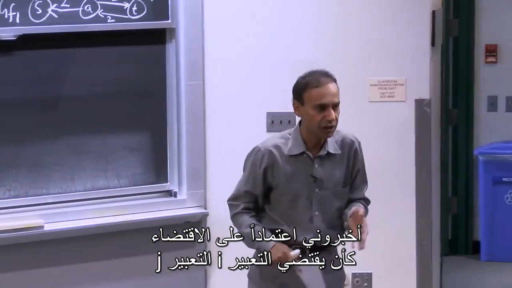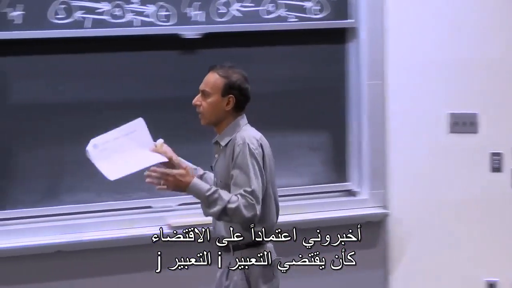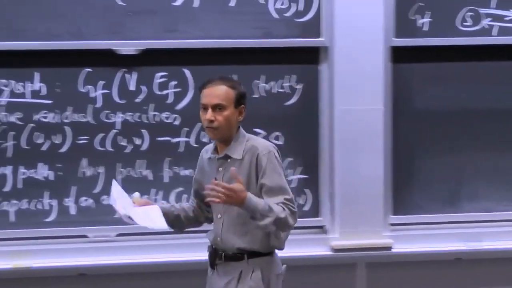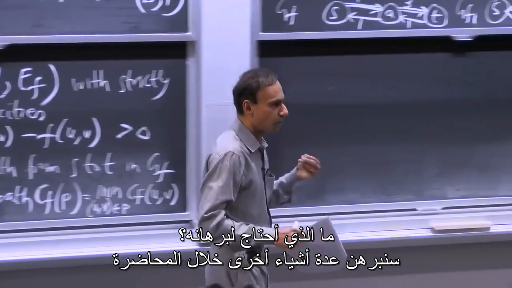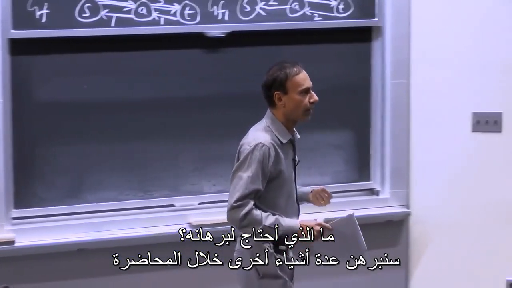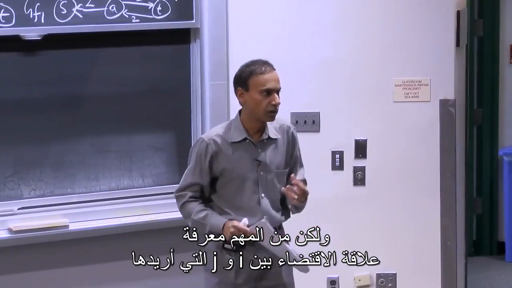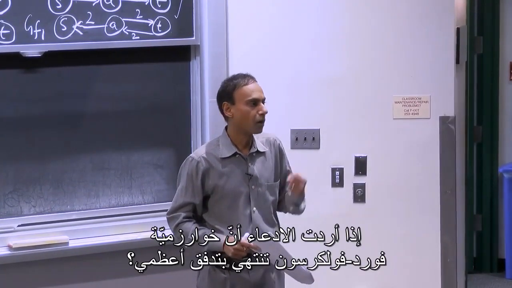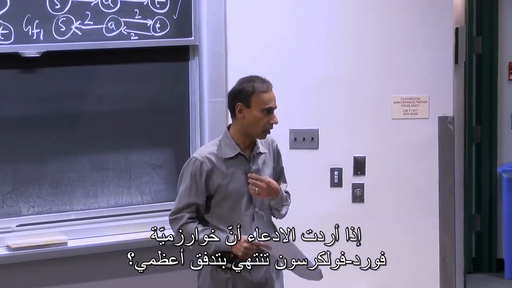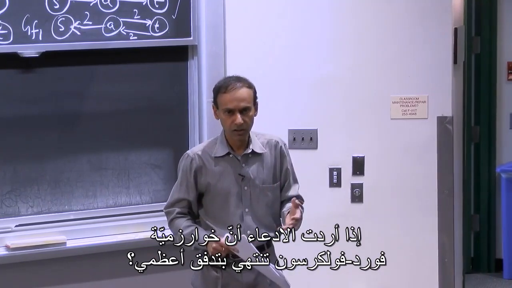And so if I want to show that the Ford-Fulkerson algorithm terminates with a max flow, tell me based on implications, like I implies J for numbers I and J, what it is that I need to prove. We're going to prove a bunch of other things along the way, but crucially, what is the I implies J that I want if I want to claim that the Ford-Fulkerson algorithm terminates with a max flow?